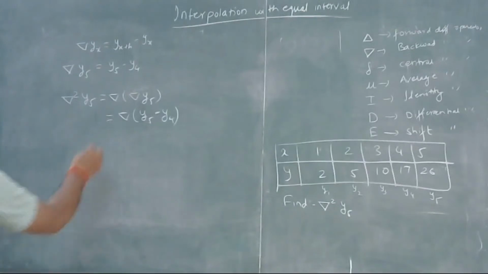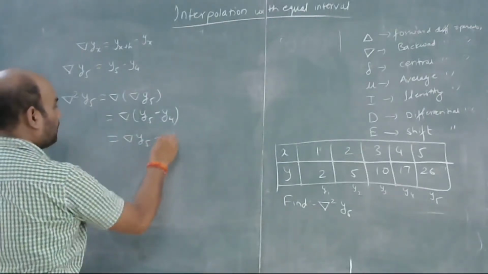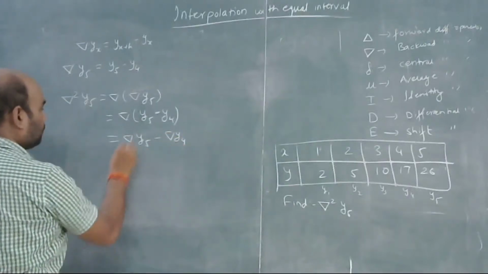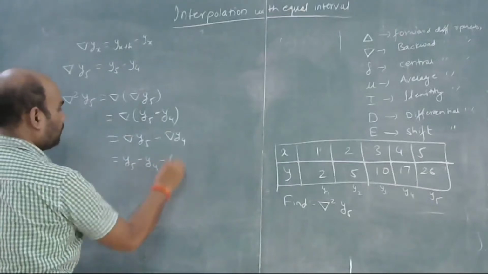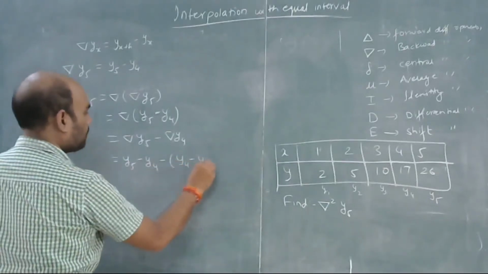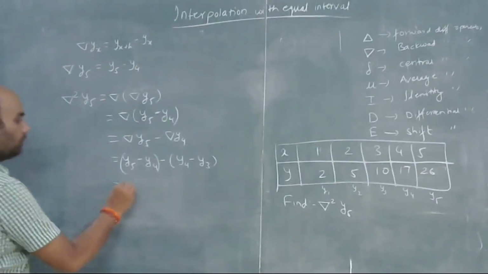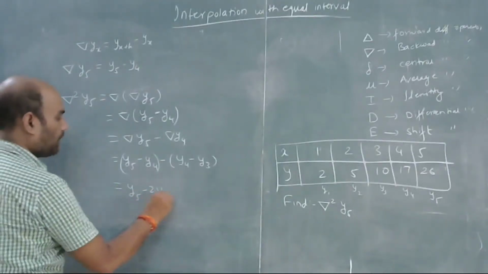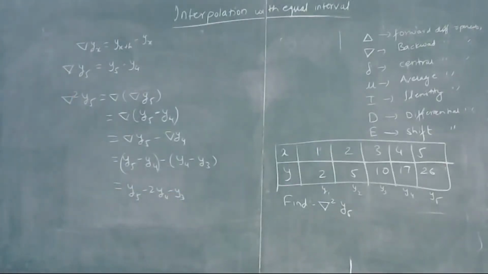This is del y5 minus del y4, y5 minus y4 minus y4 minus y3, so y5 minus 2y4 plus y3.